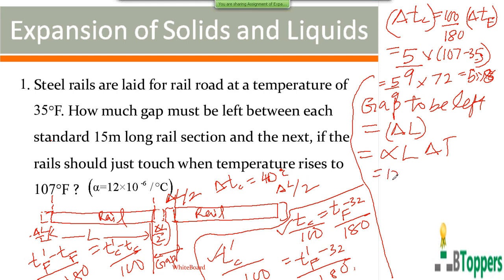So alpha is 12 into 10 power minus 6 per degree centigrade. Length of each rail is 15 meters. And increase in temperature is 40 degree centigrade. Those who want to copy the solution of the problem can take a pause and copy the solution of the problem.